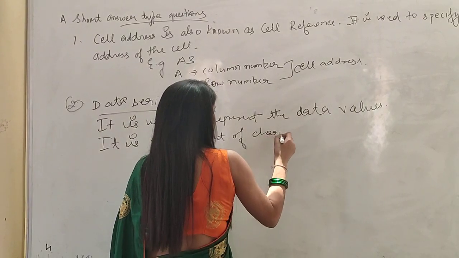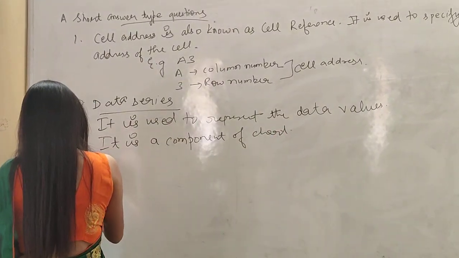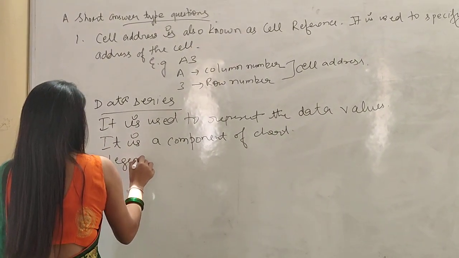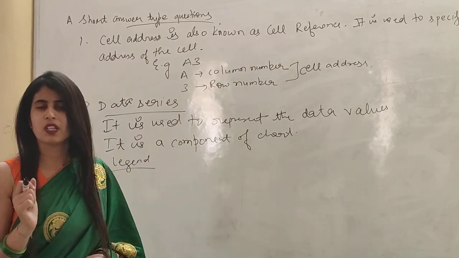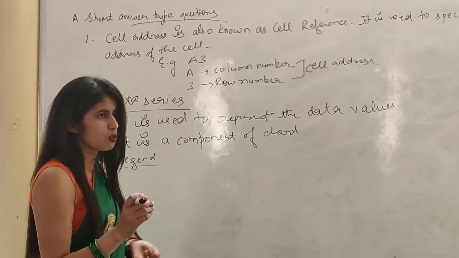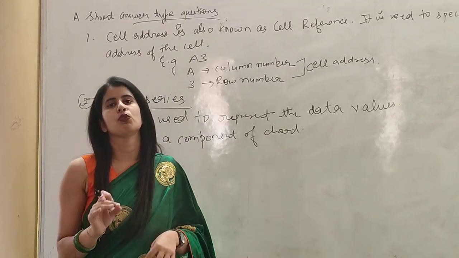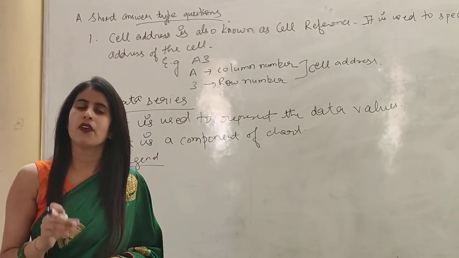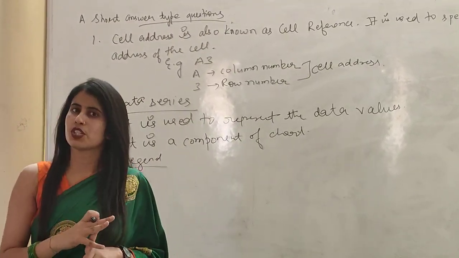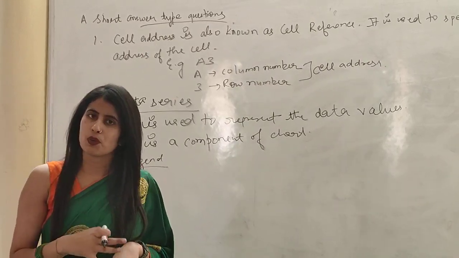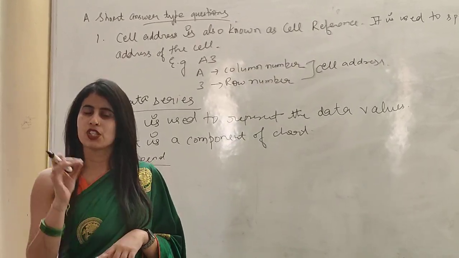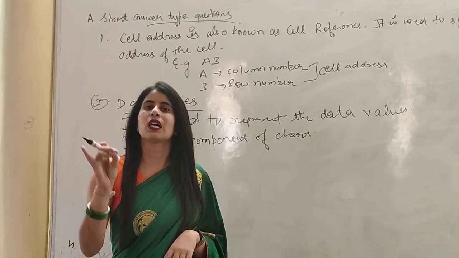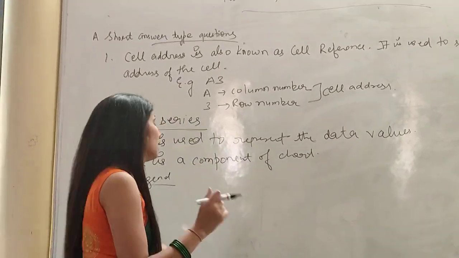The next one is legend. It is also a component of the chart, and what is its use? It is mainly used to show the meanings of colors and symbols used in the chart. Whatever colors and symbols we have used in any chart, it shows you the meaning with the help of the color.